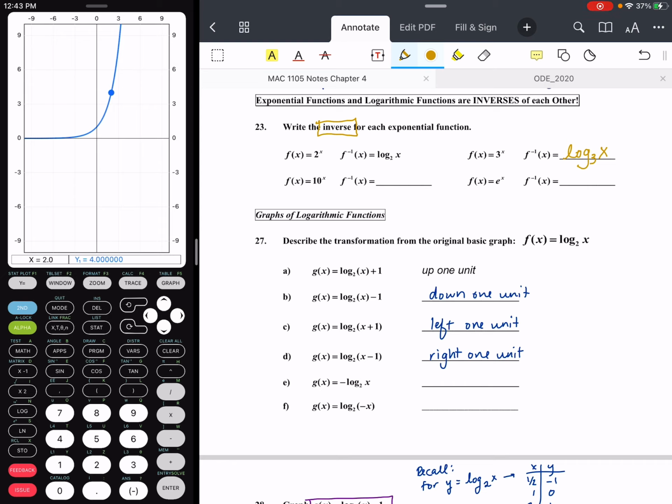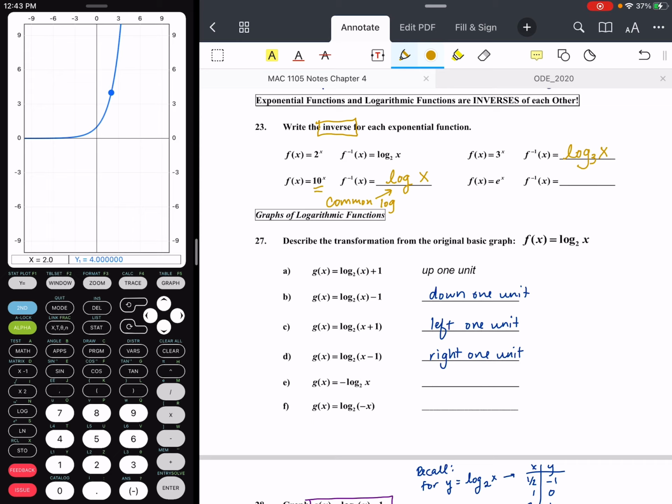In the bottom left, f of x equals 10 raised to the power x. Now remember, when we're writing the inverse log function here, base 10 means we're going to be using the common log notation, which means we're not going to write out a base. So the inverse function will just be log of x.